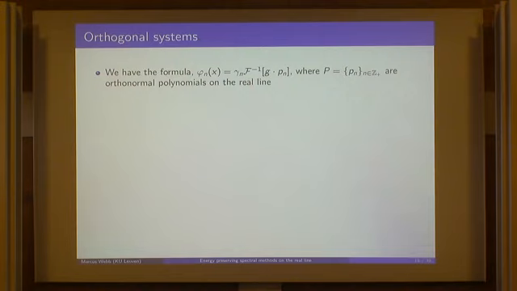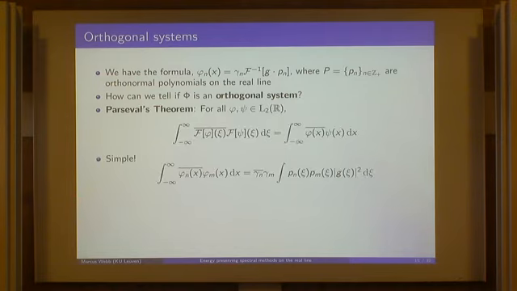Okay, so we have this formula, this ansatz for some new special functions. How can we tell if it's orthogonal? Is it easy? Well, actually, Parseval's theorem says that the Fourier transform is unitary; it preserves the inner product.